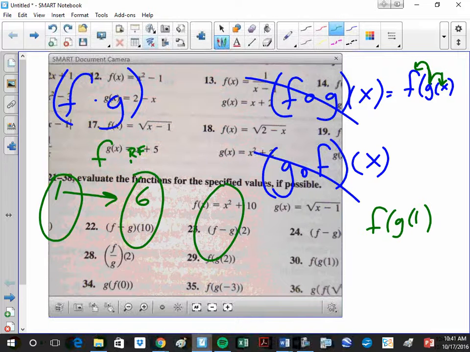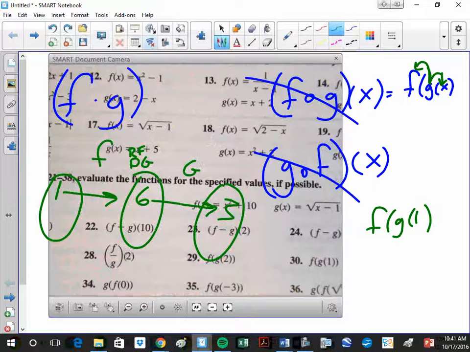It's also the domain of g. We take 6 and we plug it into g, and it turns into, say, 3. So if you take all of the domain of one function, plug them in, find the ranges, take those ranges and plug them into the second function, then that's how composition works. You use the answers from the first one to plug into the second one. But the composition skips straight from 1 to 3.